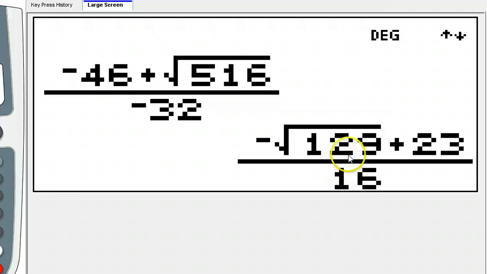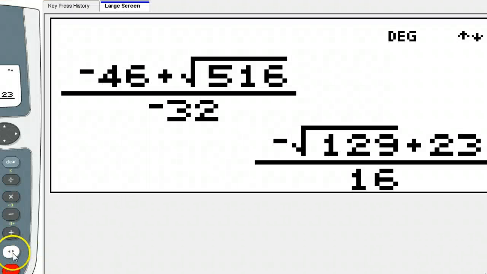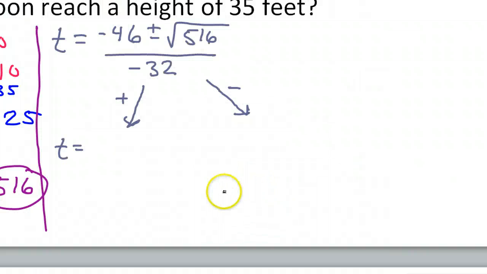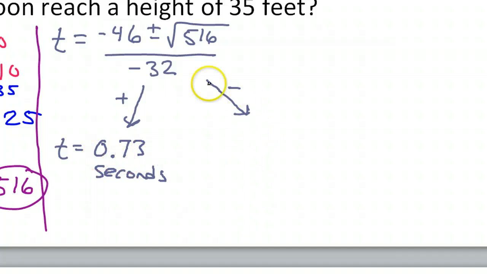It's giving us this expression, but we need the decimal for a word problem. So just hit your toggle key, this button right here. So that's giving us 0.73, I'm going to round, 0.73 seconds. So that's one possibility.